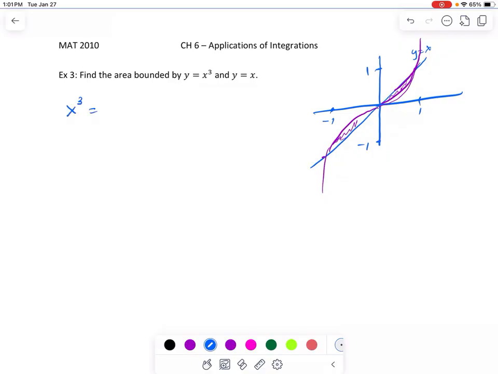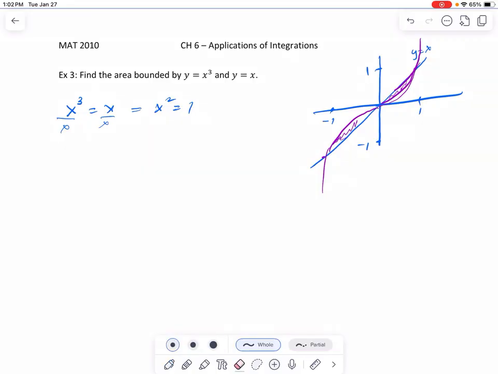And now we have to factor. Now remember, do not do this step that you divide by x, and you say x square equals 1. Don't do that because you will lose some important intercept. So instead, we should bring everything on one side, which will give me x cube minus x is equal to 0.